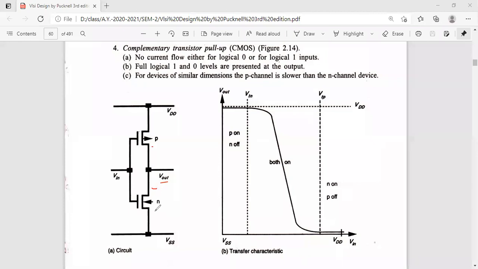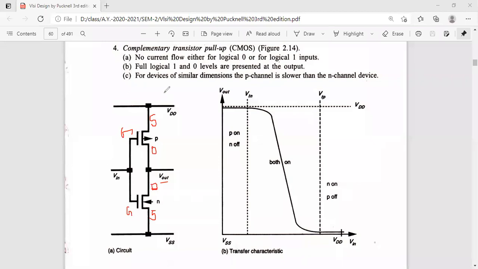This is the source and this is the drain for the PMOS, this is the drain for the NMOS, and this is the source for the PMOS, and these are the gates. The gates are where we give the inputs.